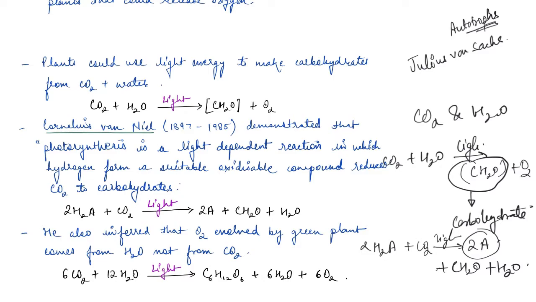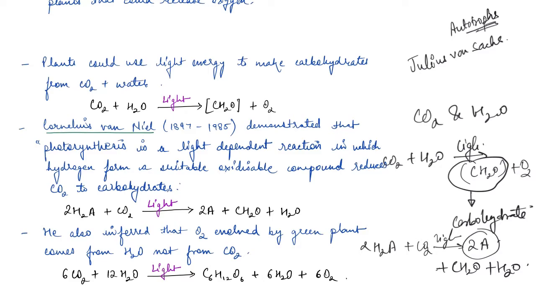Now, some organisms do not release oxygen. It's not necessary that all autotrophic organisms will release oxygen during photosynthesis. For example, in green and purple sulfur bacteria, hydrogen sulfide H2S is the hydrogen donor.